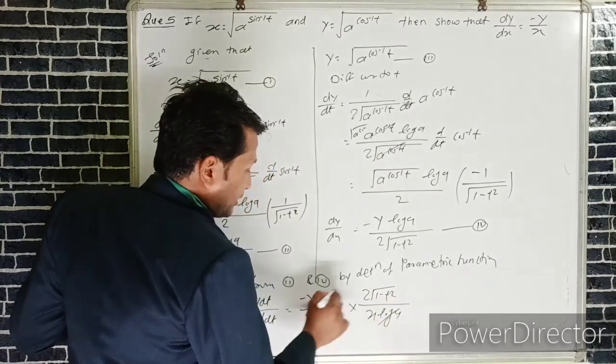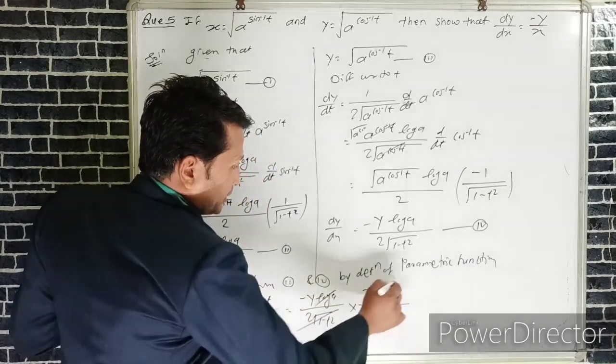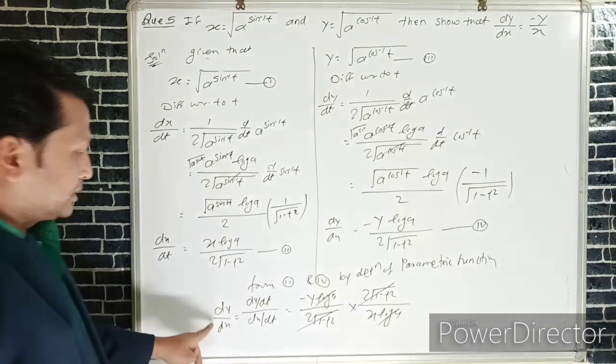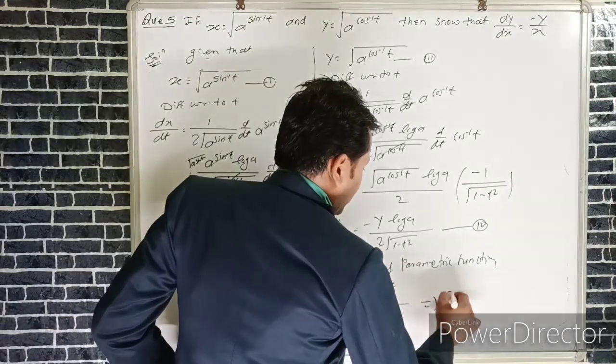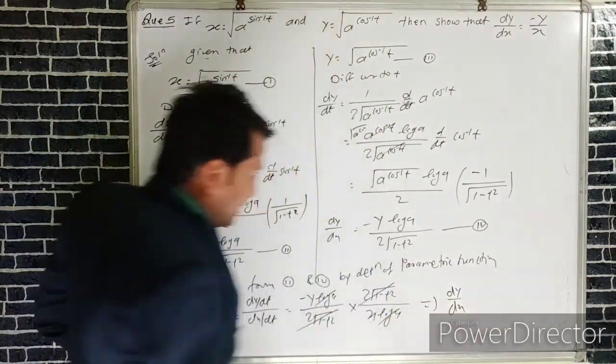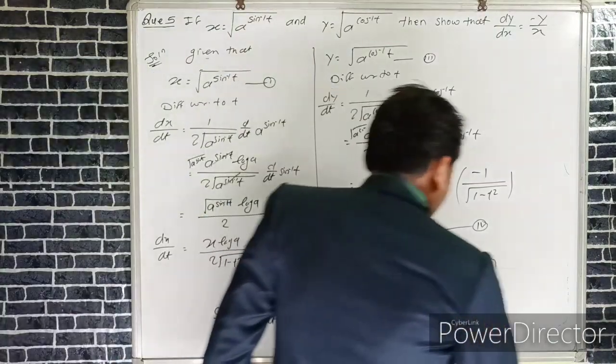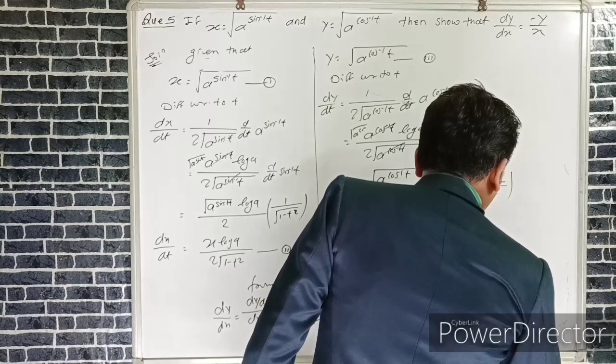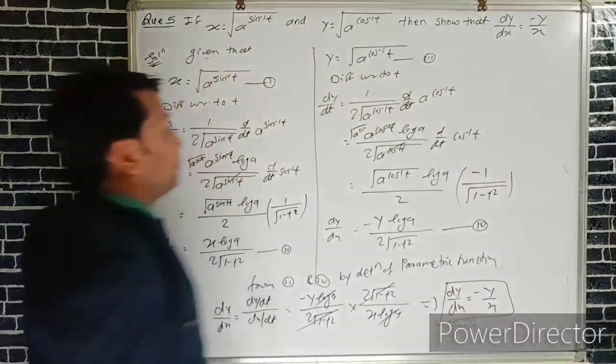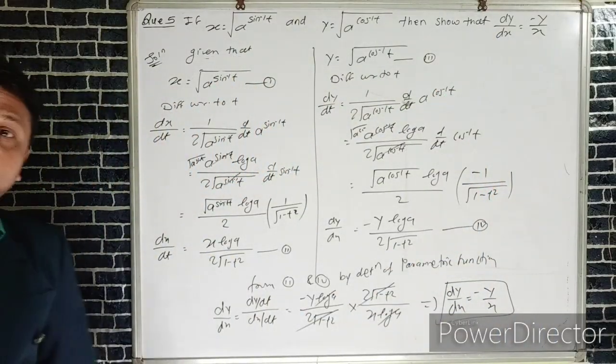Here log a cancels, and 2 under root of 1 minus t square cancels. We can write the value of dy by dx as minus y upon x, which is the required proof. Dy upon dx is equals to minus y by x, hence proved.